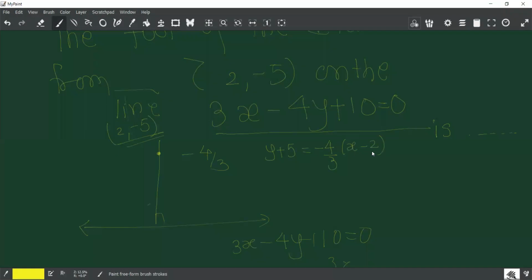Did you get it? So it is 3y plus 15 is minus 4x plus 8. So our equation is 4x plus 3y is minus 7.